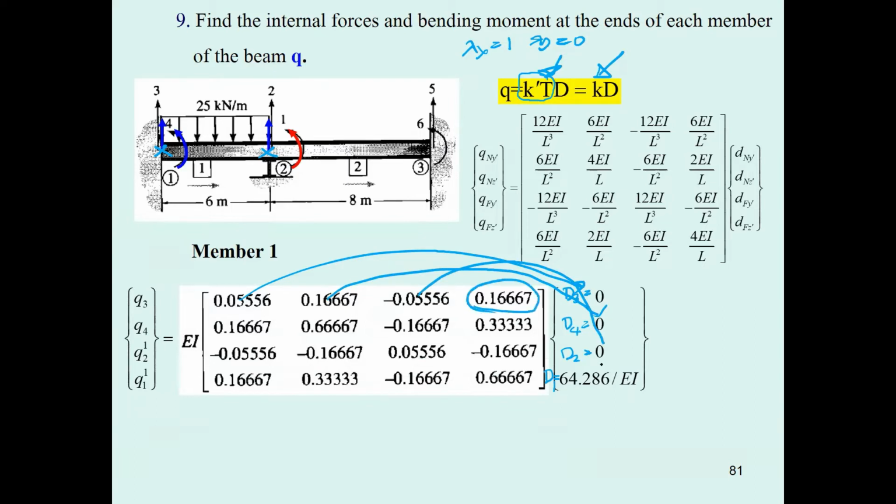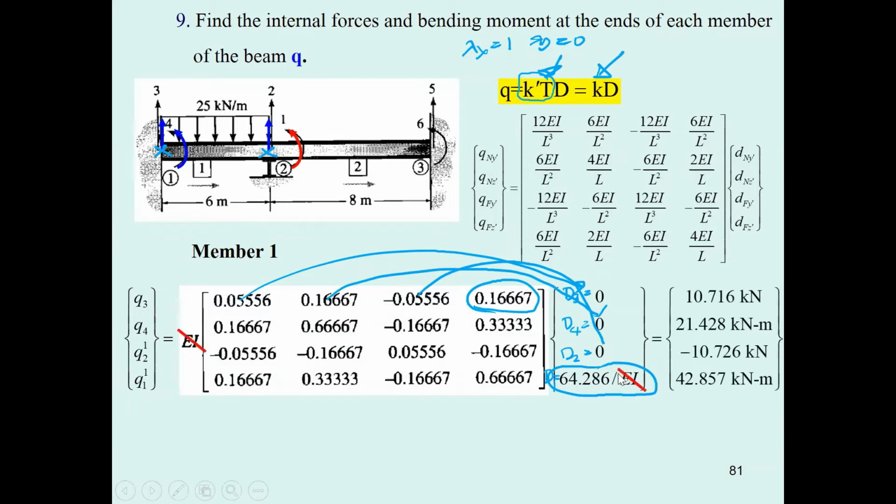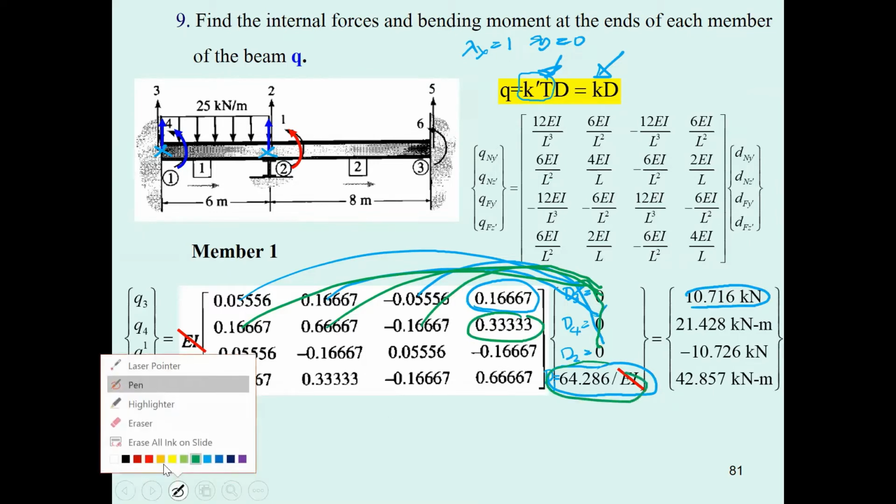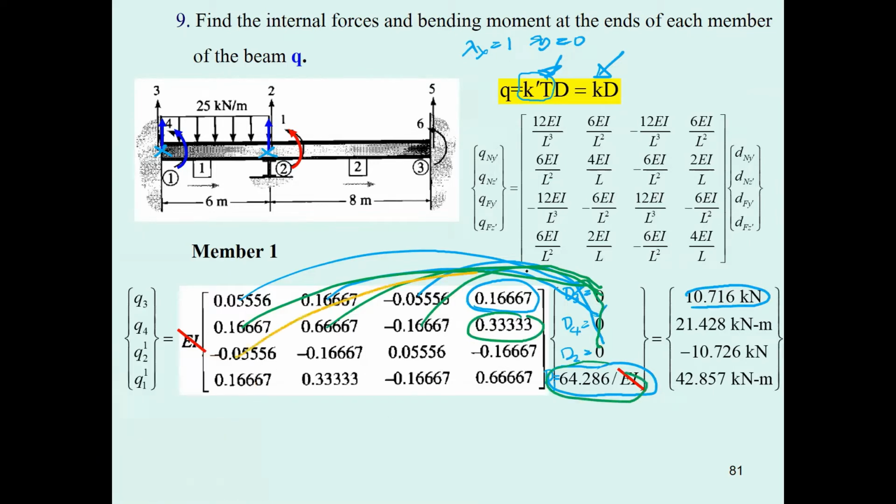Only for this one times this one, you will get the first number here. Okay, and then for the second one also, you may times this one by 0, this one by 0, this one by 0, and then the second one is going to be this one, and then the same thing. This one will times 0, this one times 0, this one times 0.